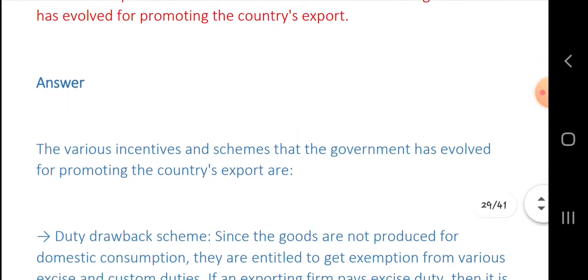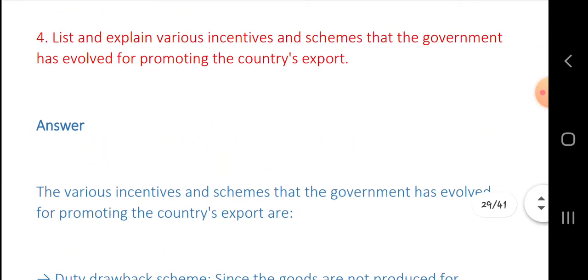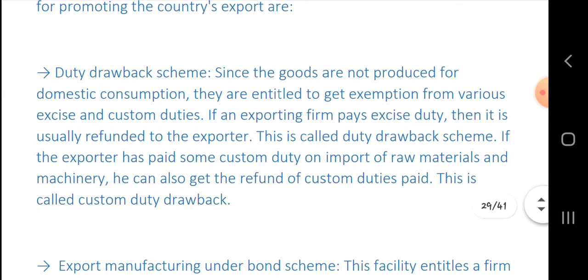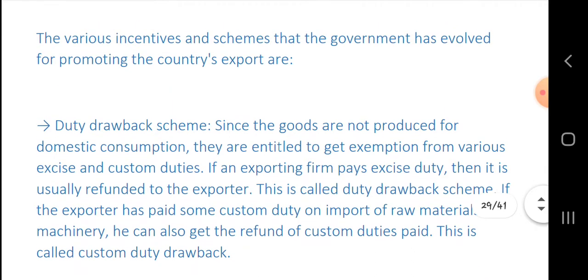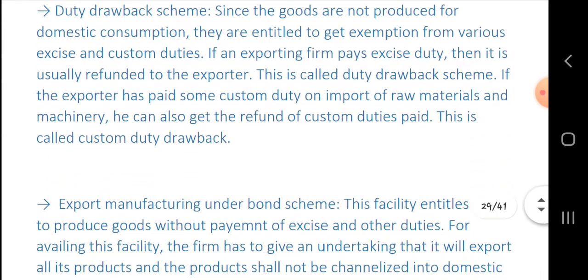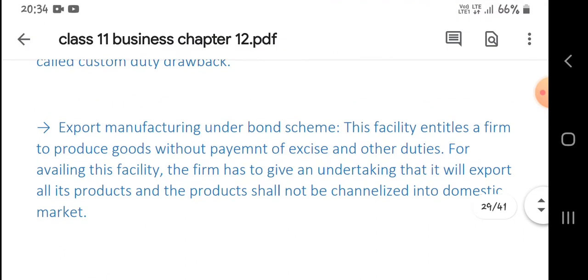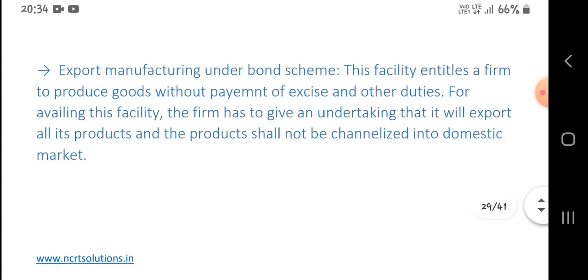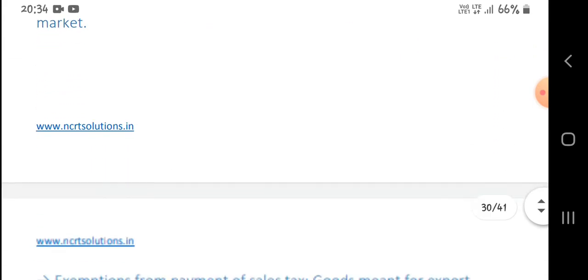Next, let us list and explain various incentives and schemes that the government has evolved for promoting the country's exports. Duty drawback scheme: since the goods are not produced for domestic consumption, they are entitled to exemption from various excise and customs duties. Export manufacturing under bond scheme entitles a firm to produce goods without payment of excise and other duties.